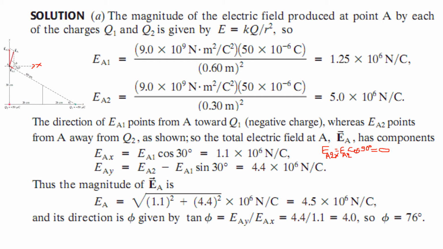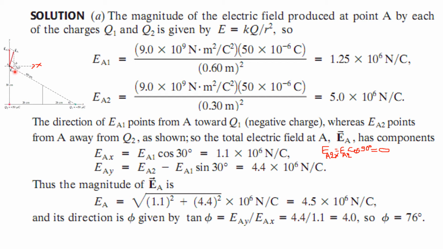And the y component of the total electric field is equal to magnitude of the electric field due to charge 2, because it is oriented along a positive y, minus the y component of the electric field due to charge 1, because this electric field due to charge 1 has a y component oriented in negative y, which is equal to EA1 sine of 30 degrees.